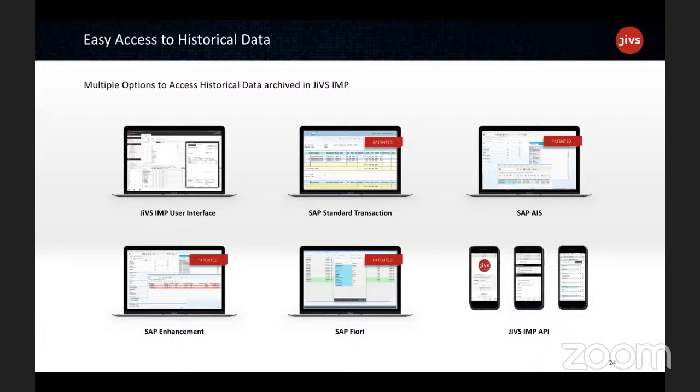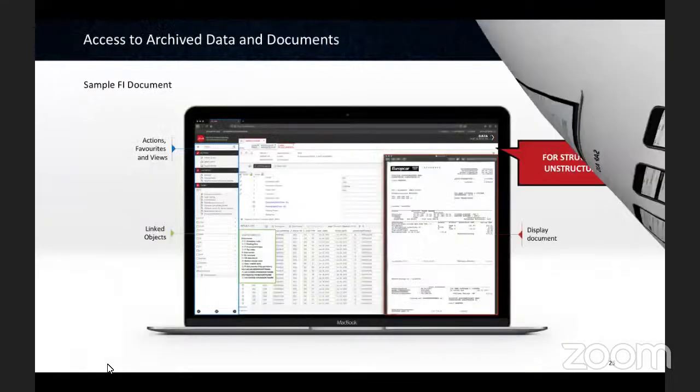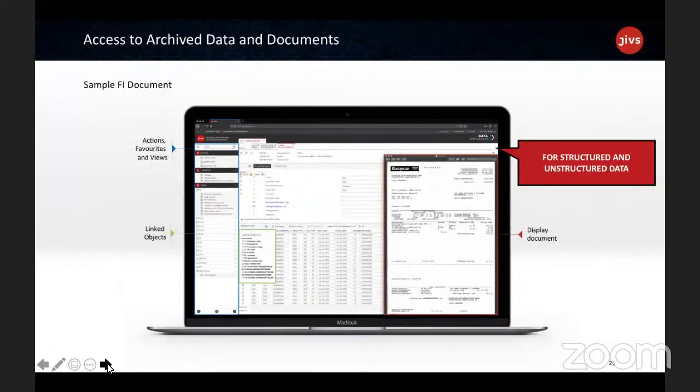historical data. And then we have different possibilities when it comes to accessing it. Important is that, and this is an example of a FI document. As you can see, you can store structured as well as unstructured data within JiVS IMP. That is a key requirement that we get from our customers.